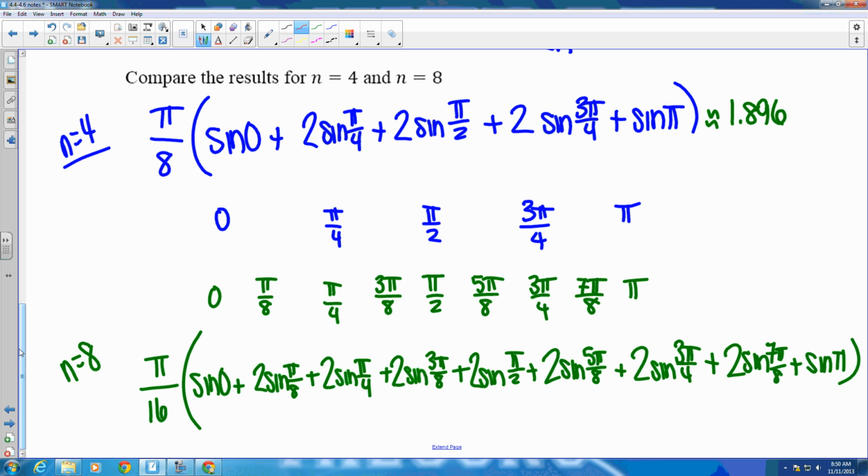Plug in that whole thing and you should get approximately 1.974. So obviously it went up a little bit when our n was bigger, and it will become more approximate. You can check your answer using the antiderivative of that one. Most of the time you're not going to be able to check your work except on a graphing calculator.